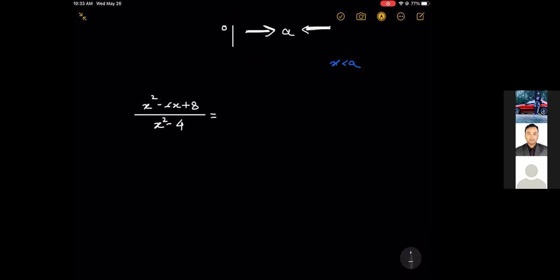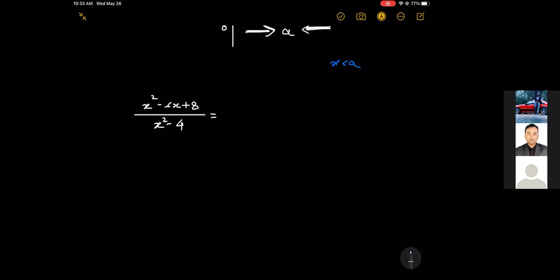Let's do it one step at a time. How can I simplify the numerator? Can you imagine anything from the college algebra course? Yes, we can factorize it. How? That means we can break it into two using the factorization method.